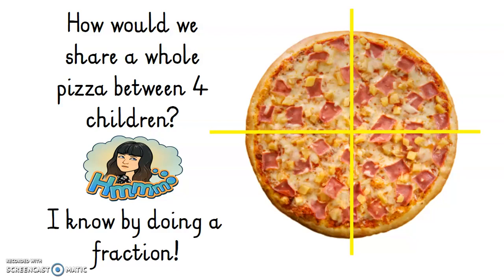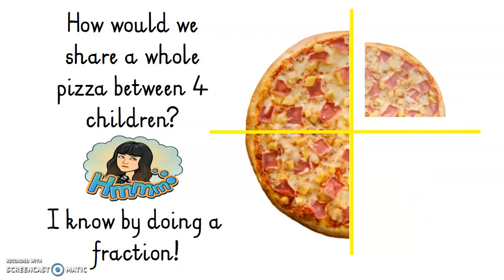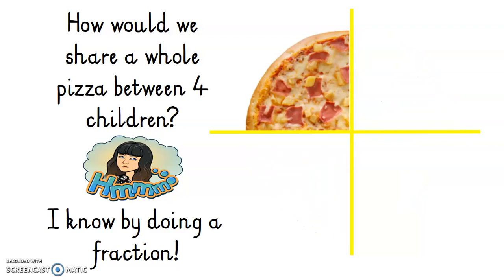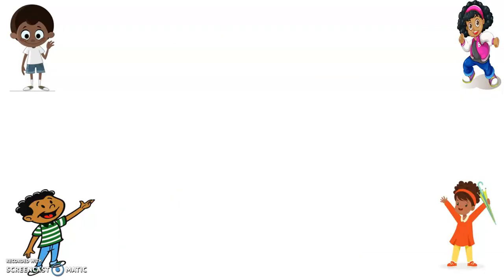Let's see what a quarter piece will look like for one person. There we go. We have a quarter slice of pizza. And the number name for it is 1/4, meaning a quarter. Let's have a look if I had to share it between the 4 kids, what they each would get.